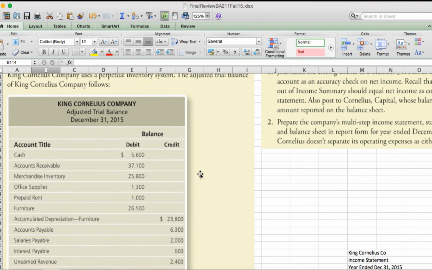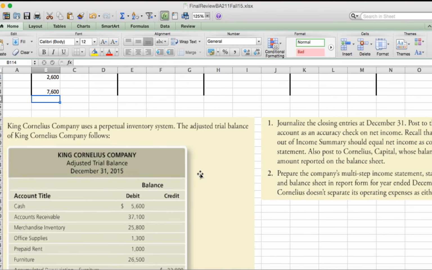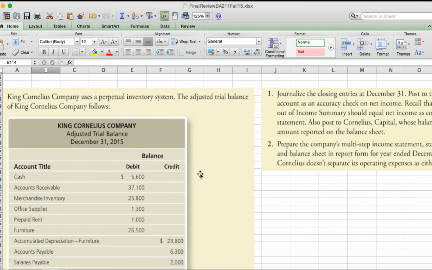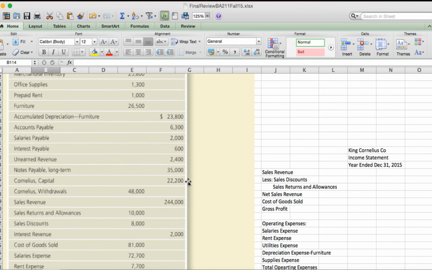Okay, so finally, we have this last question here. King Cornelius Company uses a perpetual inventory system. The adjusted trial balance of King Cornelius Company follows. Since this is the adjusted trial balance, they basically just got done doing what we just did.